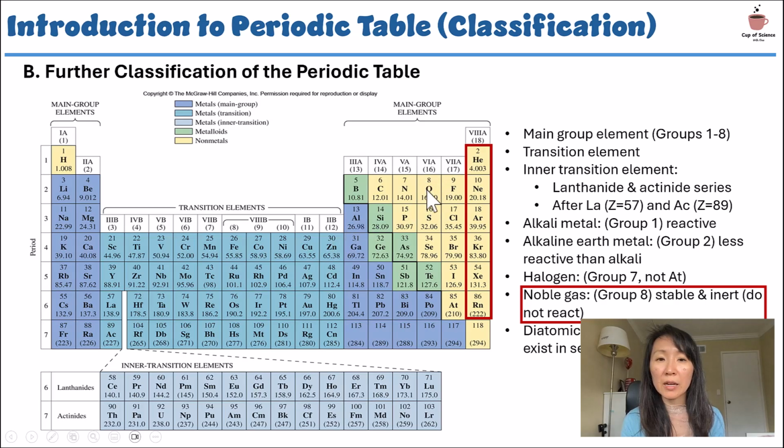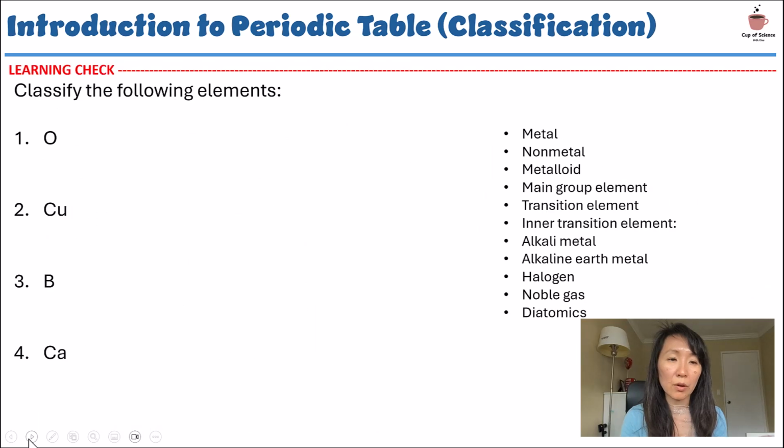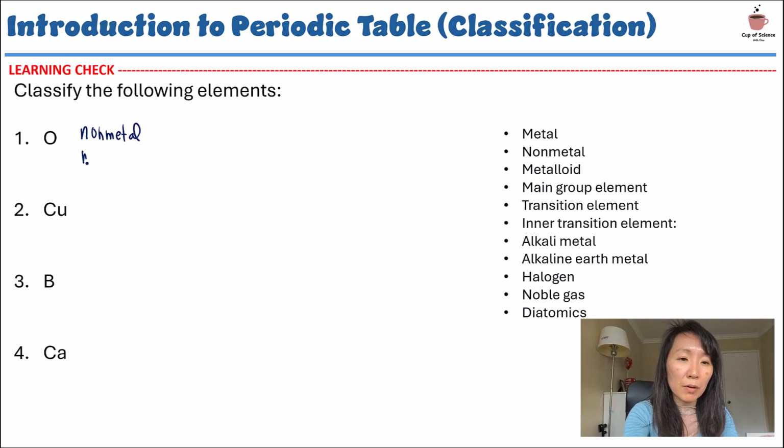It is a nonmetal, and it is also a main group element. And I don't think there's any other category it can fall into. So oxygen is a nonmetal, and this is part of the main group element.